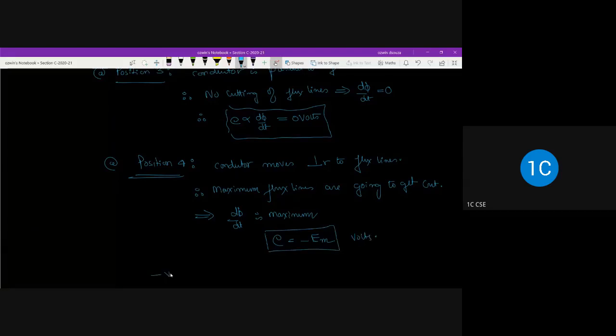The negative sign indicates that the conductor has changed its direction. Now the conductor has occupied the negative y-axis.